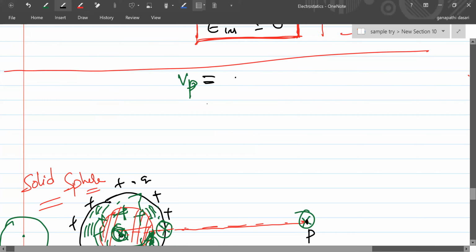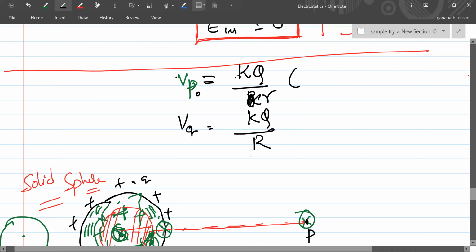Potential due to a solid sphere will be k q by r outside the surface. On the surface of the sphere, that is k q by r.